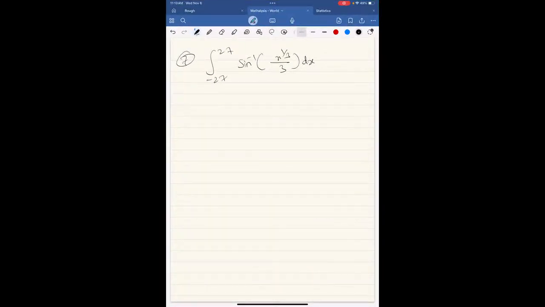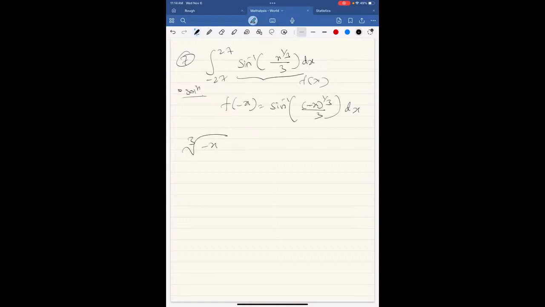Now how we can solve this is, this one is actually an odd function. If you say this is f of x, and take f of minus x, that will just be sine inverse of minus x to the power 1 by 3 dx. The exponent here is the cube root, right?